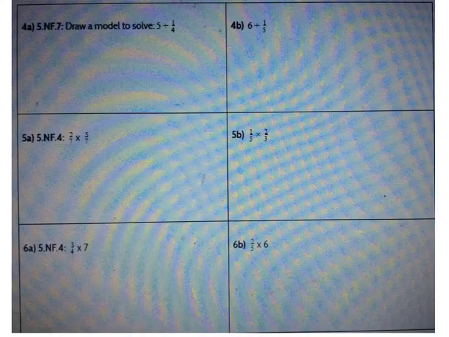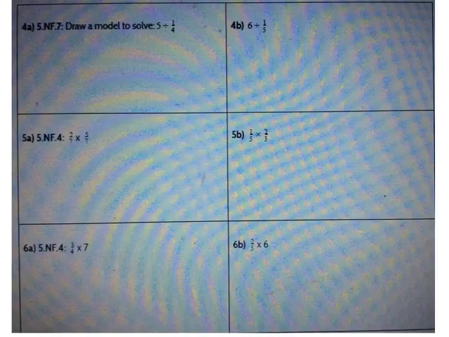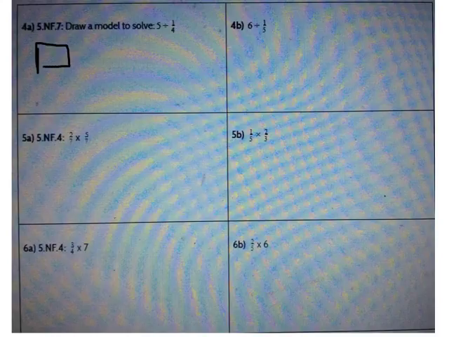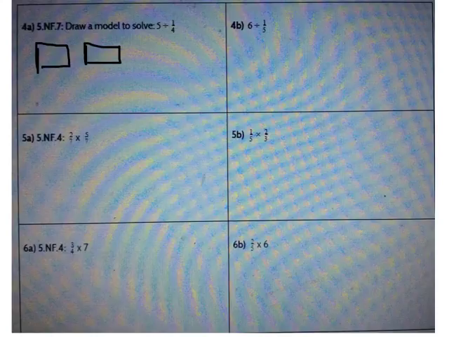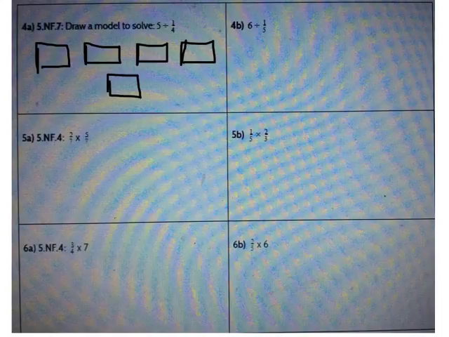Now let's try another. Look at problem 4a on the next page. 5 divided by 1/4. When I'm dividing 5 by 1/4, what do I start my model with? I start my model with 5 holes. Draw 5 holes on your paper now. How many pieces do you cut each hole into?